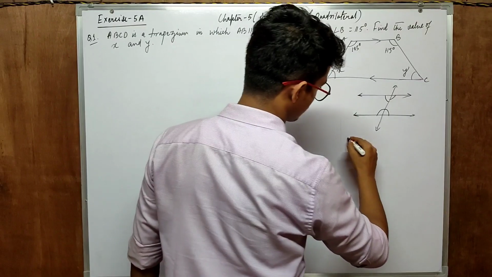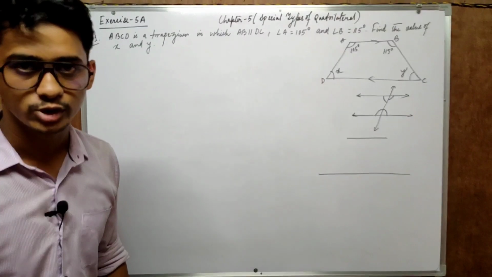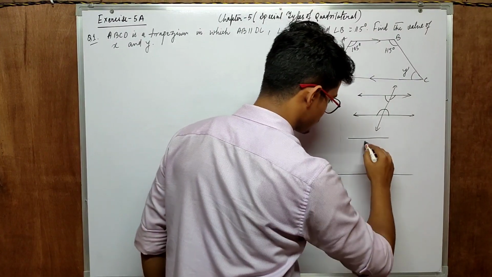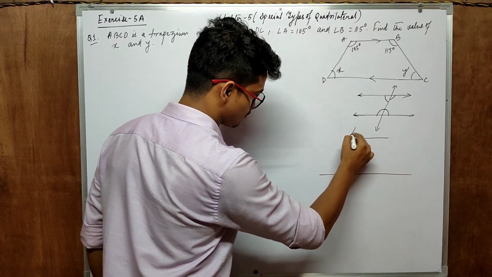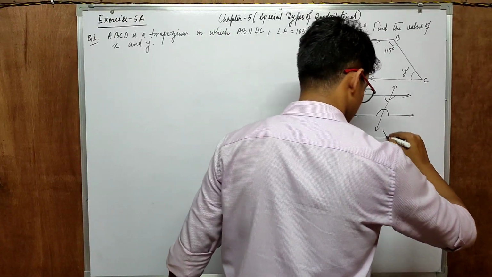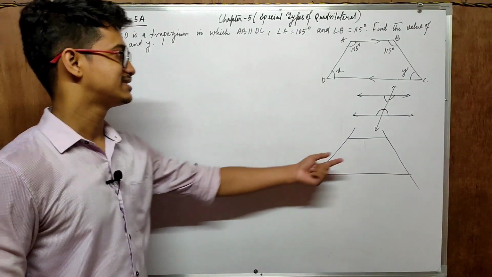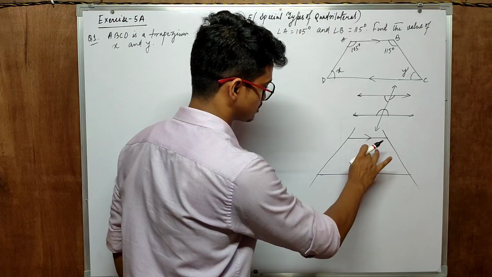In the trapezium, these two lines are parallel, no problem, because the gaps are absolutely the same. And there is one transversal over here. If you see, this is the transversal, right? And this is another transversal. So this is the shape of a trapezium, and these two lines are parallel to each other.